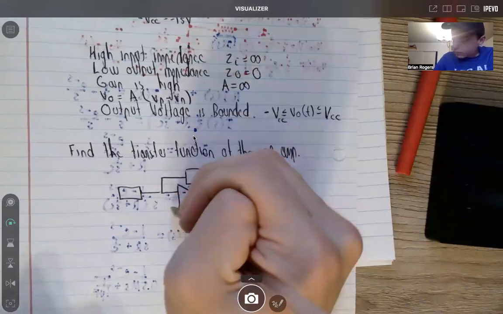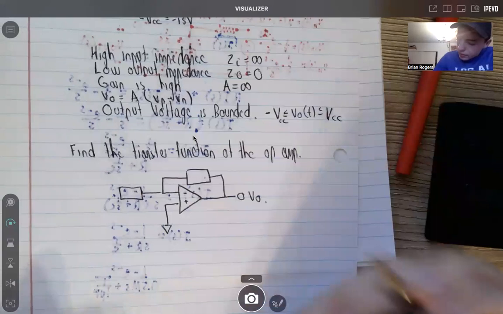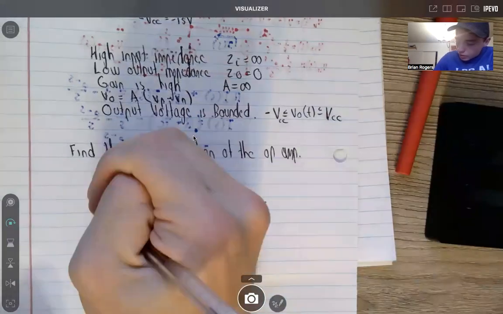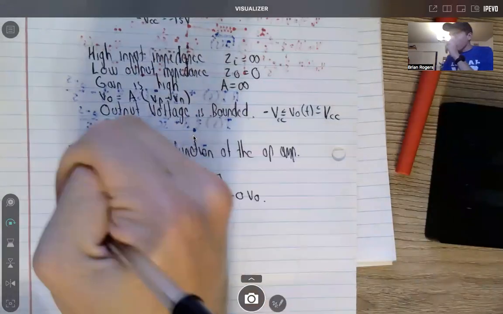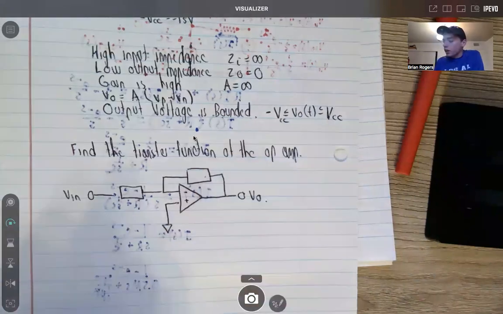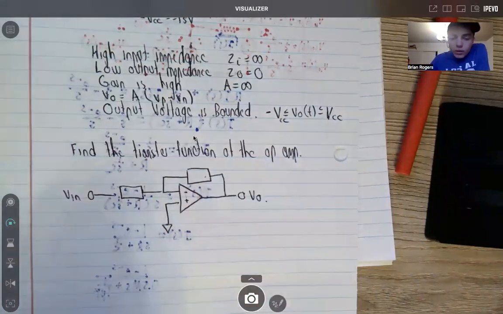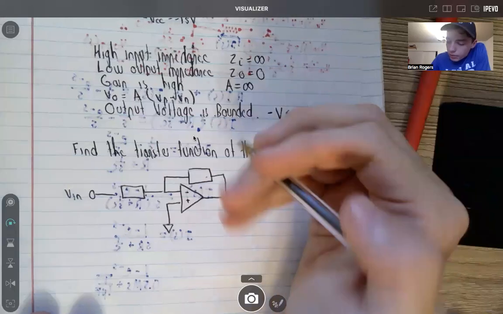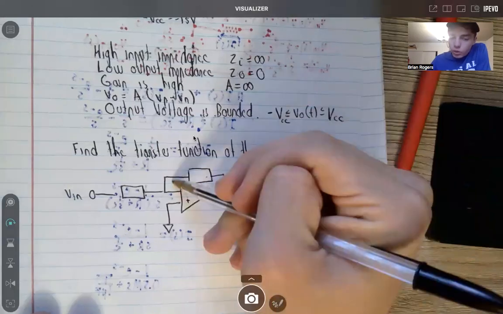And so here is our voltage input and then our voltage output, and we're going to have to determine the transfer function. Right here, this is always called the feedback because it's hooked back to the negative terminal of the op amp.